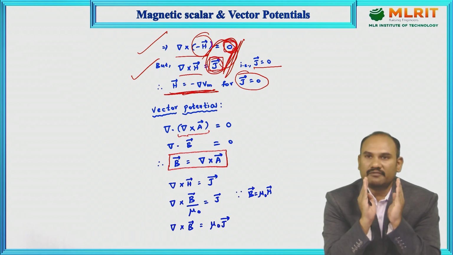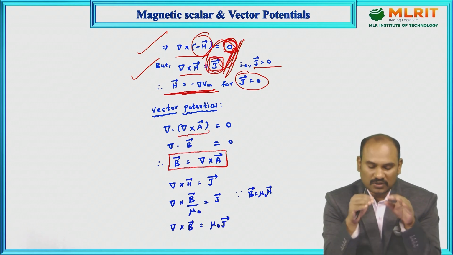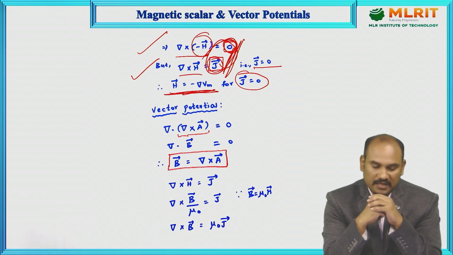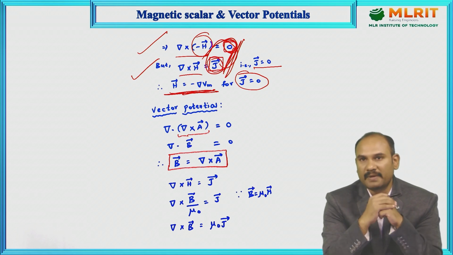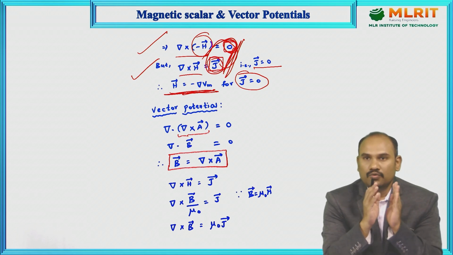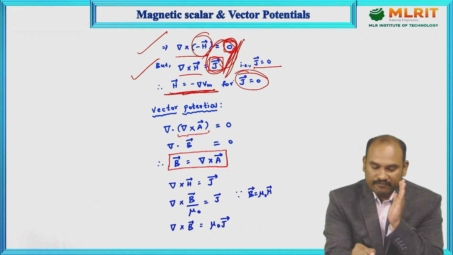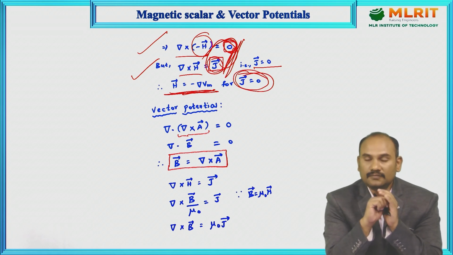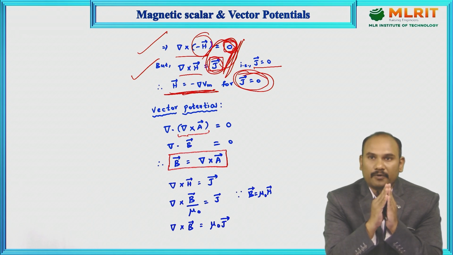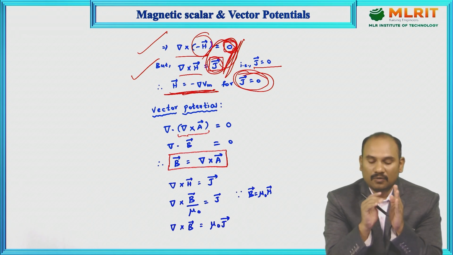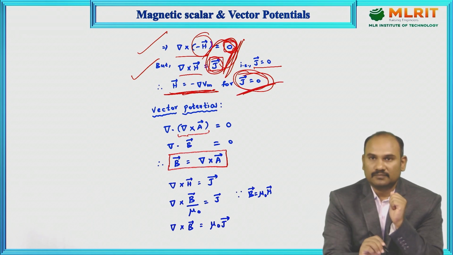But what does it actually mean physically? What does the equation say? We are in the discussion of scalar magnetic potential. If you want to use scalar magnetic potential, then J bar has to be 0. That means scalar magnetic potential can be applicable only when J bar is 0. What is J bar?